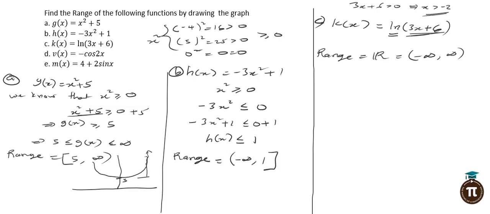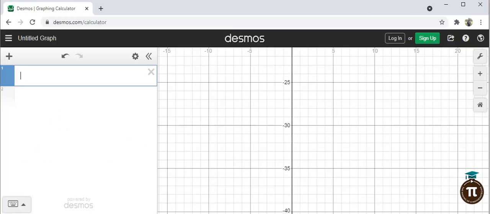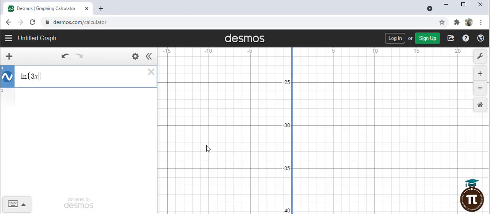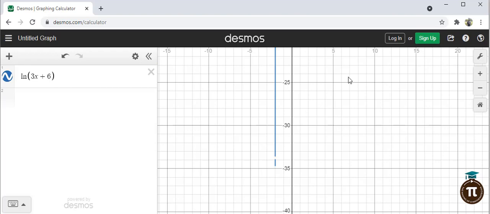So x must be greater than minus 2 before this function can be defined. Now let's draw the function on Desmos. We have ln of 3x plus 6. So now let's see what we have here.